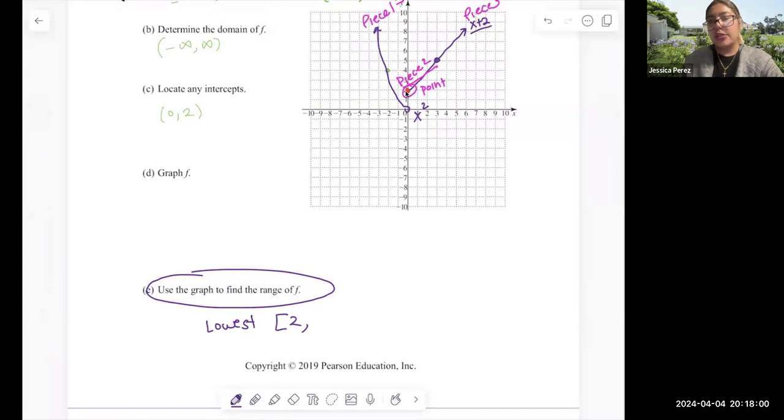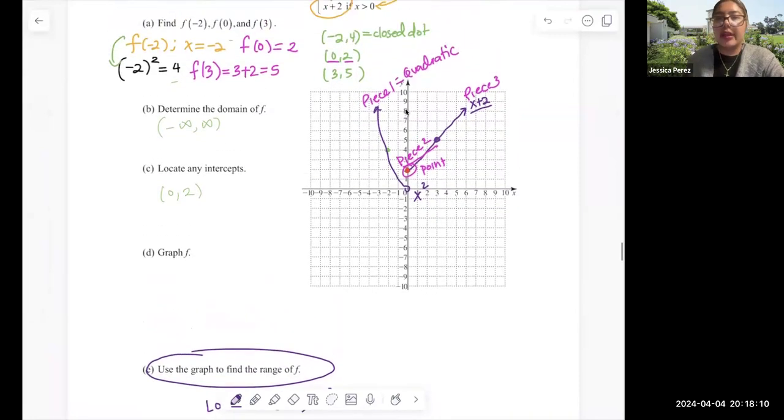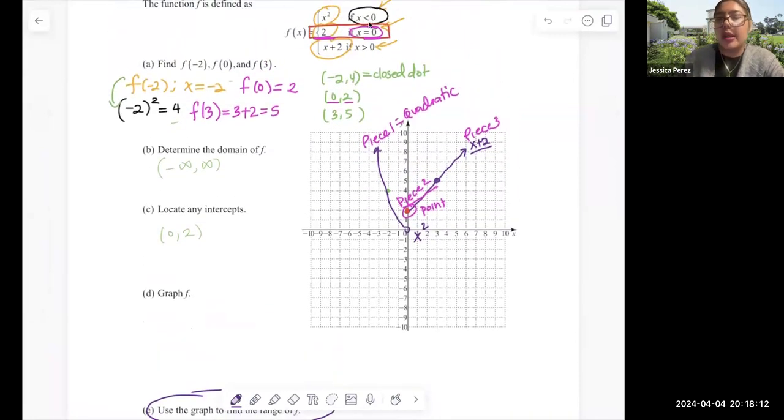The lowest point is 2 and the greatest is infinity. Remember, the lowest point would not be 0, so this 0 is an open dot. Why is this open? Because if I try to plug in 0, it has to be less than 0. So we're looking at the values to the left of 0, not counting 0. So this is discontinuous here.